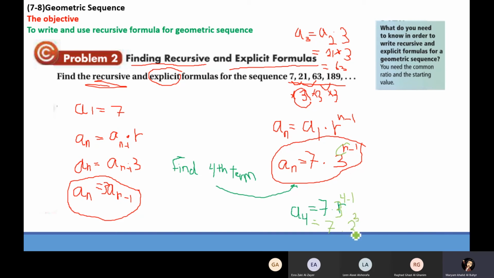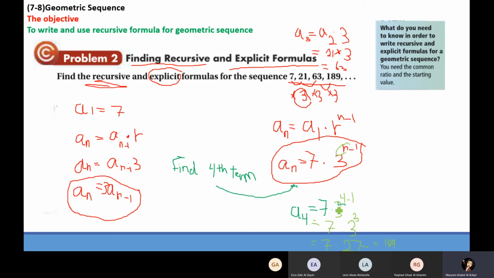As you know, 3 to the power 3 is 27. Then you need to do your calculation. You can do it by your calculator. Once you do your calculation, you will get 189.